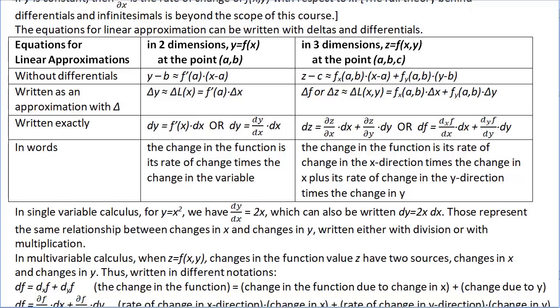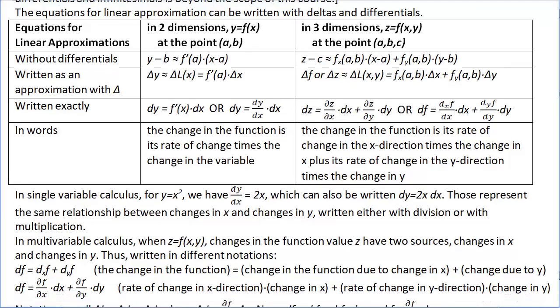Now, in each term, if we simply divide by dx and multiply by dx in the first term on the right side, what does that give us? df equals df dx times dx, and similarly in the second term, plus df dy times dy. And that's the rate of change in the x direction times the change in x, plus the rate of change in the y direction times the change in y.